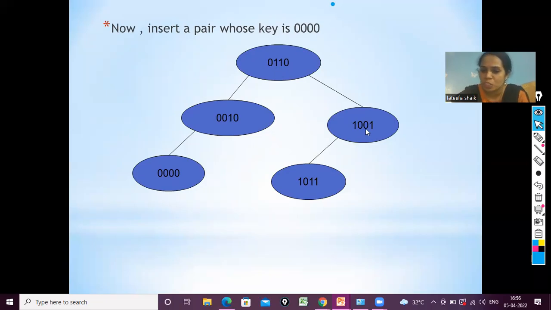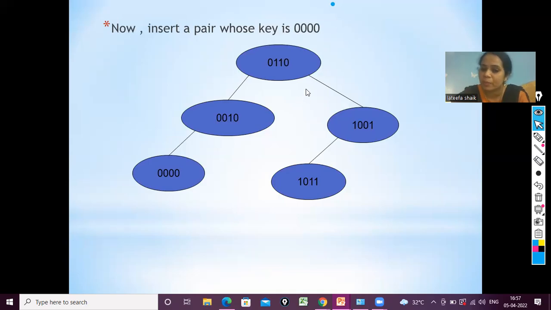There is no match, so this element is not the root node. It may exist in the left subtree or the right subtree, which we need to find out now. At this level, if you want to traverse either left or right, what decision are you supposed to take?